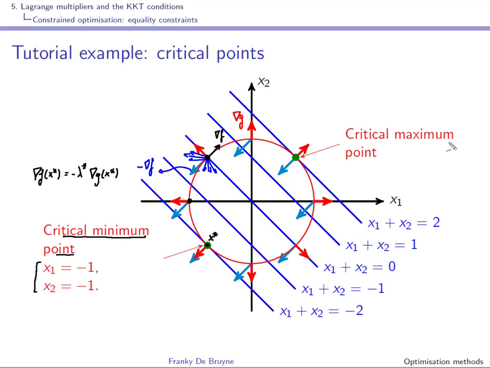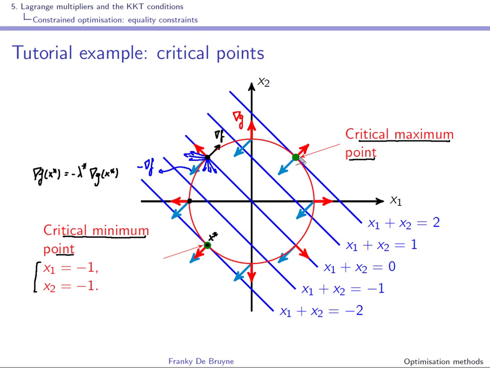You also have a critical maximum point, right? At this point here, if you take a small step that will keep you on the red curve g(x) = 0, you will no longer be able to increase the cost, right?